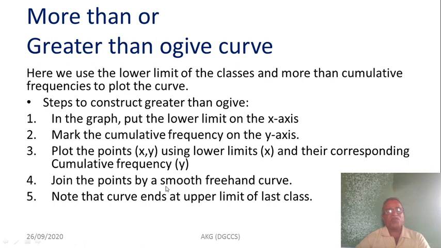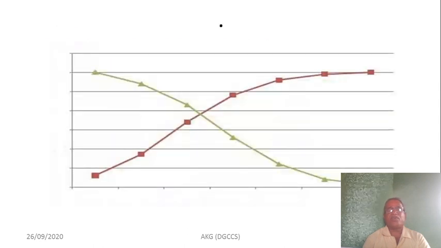Again join these points by a smooth freehand curve, but here note that the curve ends at the upper limit of the last class. So after drawing the less than and greater than ogive curves, we get the nature of the curve like this one.